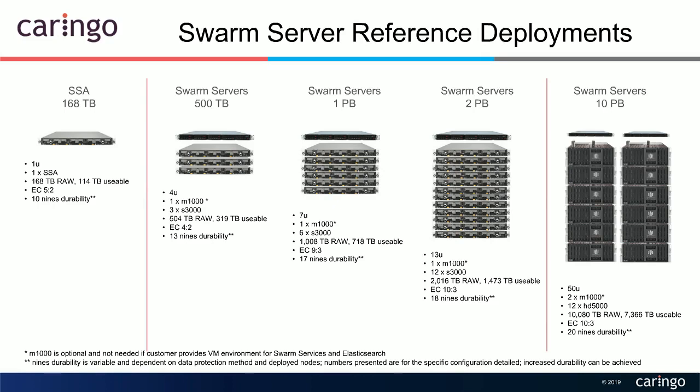And we provide a representative protection scheme that particular machine has been sized for. Up to dedicated Swarm servers, where you have a combination of a management server along with dedicated physical hardware for the storage, ranging anywhere from half a petabyte all the way up to 10 petabytes and beyond.